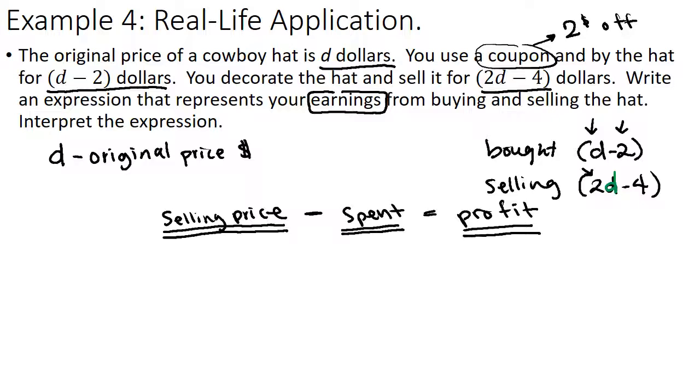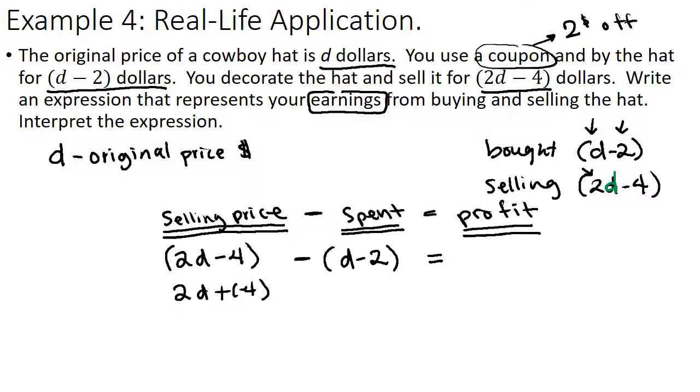So when we are walking away with this, we're going to say, okay, if I take that 2D minus 4 and I subtract how much I spent on this, which was that D minus 2, I should end up equaling out my profit. So I need to simplify this expression here and say, okay, 2D minus 4, I can write that as 2D plus -4, and that now allows me to drop out those outer parentheses.